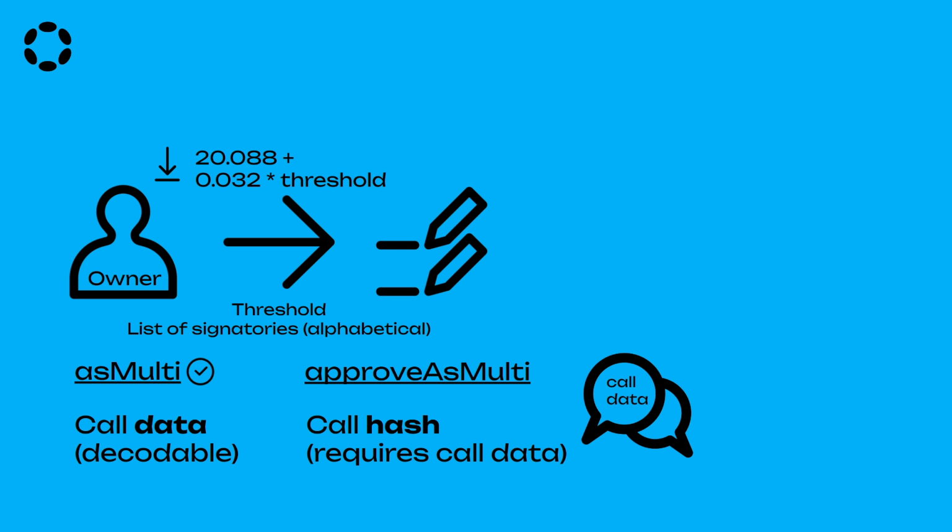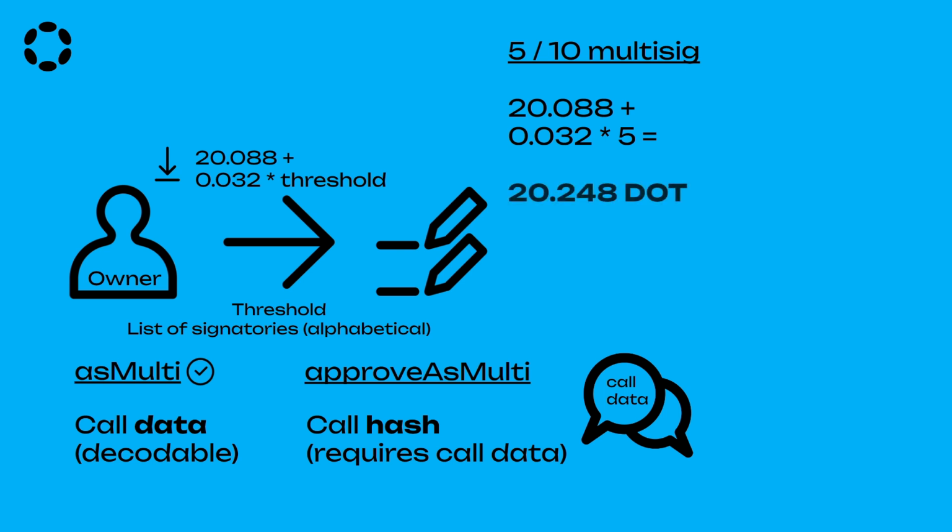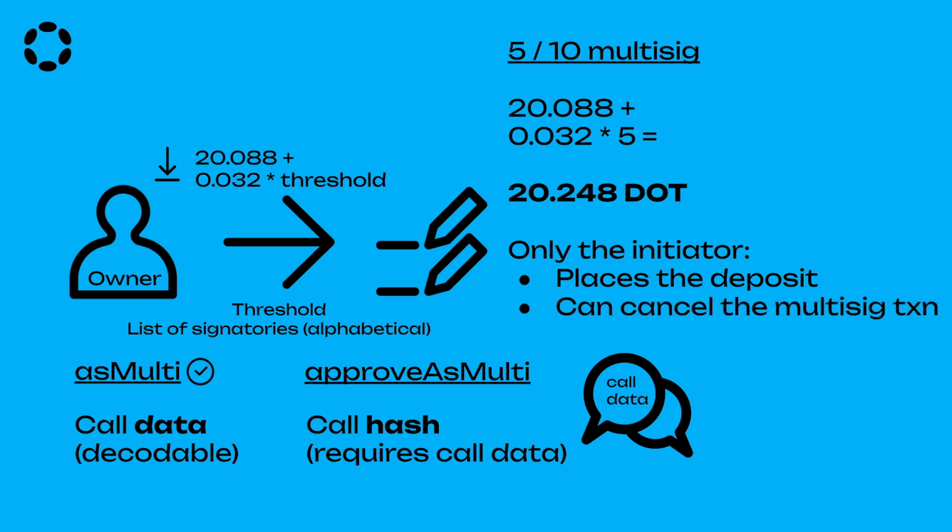For example, to initiate a multisig transaction whose threshold is 5 out of 10 signatories, the deposit would be equal to 20.088 plus 0.032 times 5, which equals 20.248 DOT. Only the initiator has to place a deposit, which is freed either upon cancellation or execution. Additionally, only the initiator can cancel the multisig transaction, a privilege afforded by their deposit.